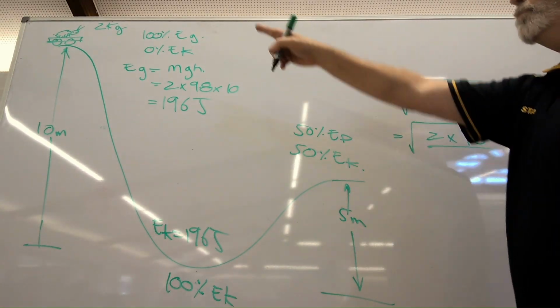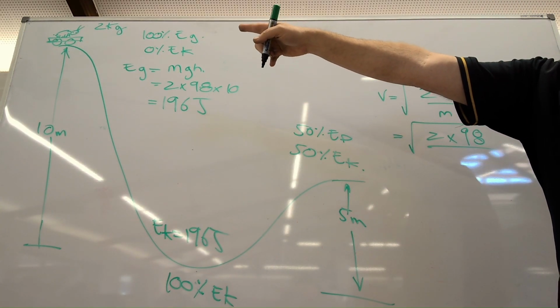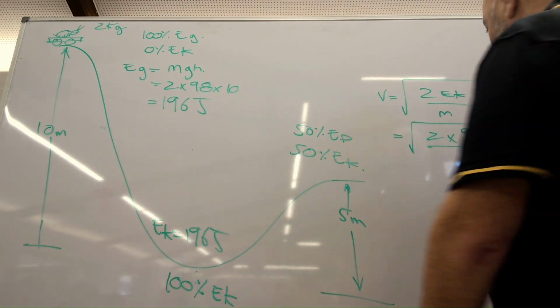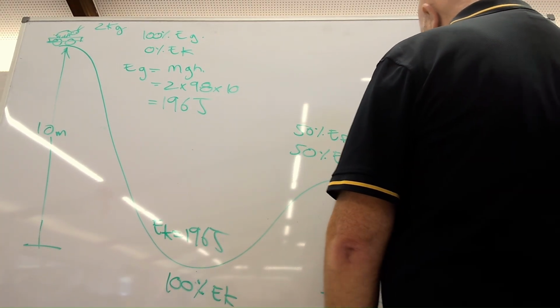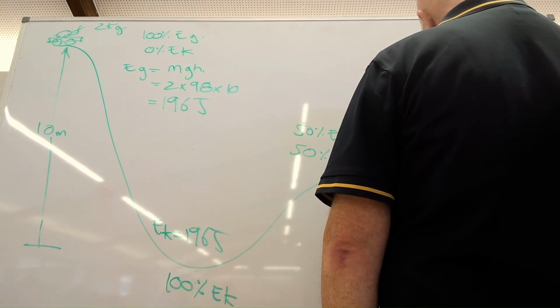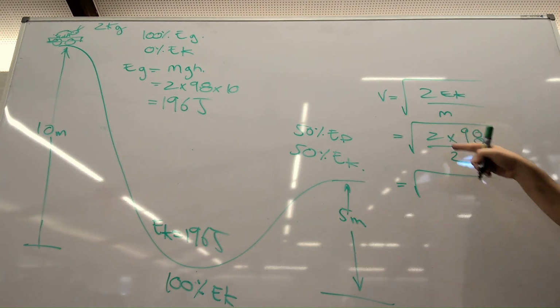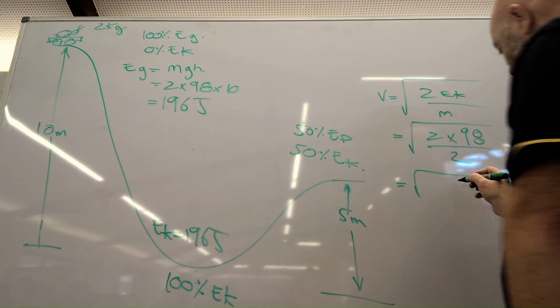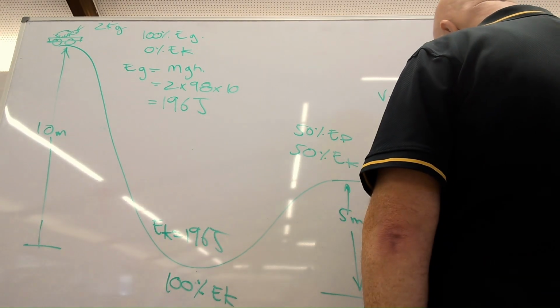98 divided by the mass, which was 2 kilogram cockroach on a roller skate, divided by 2. 2 and 2 will cancel. The square root of 98.